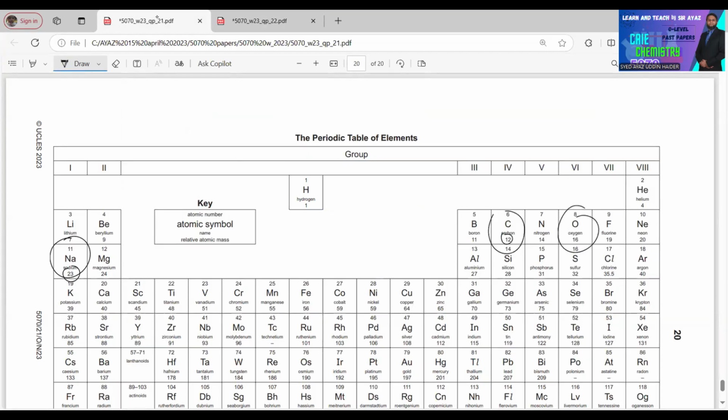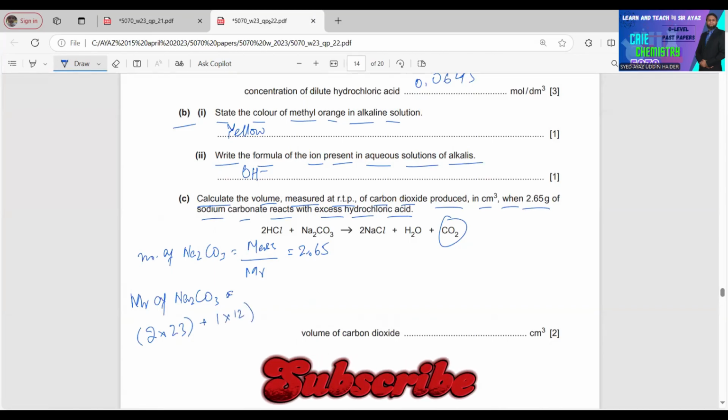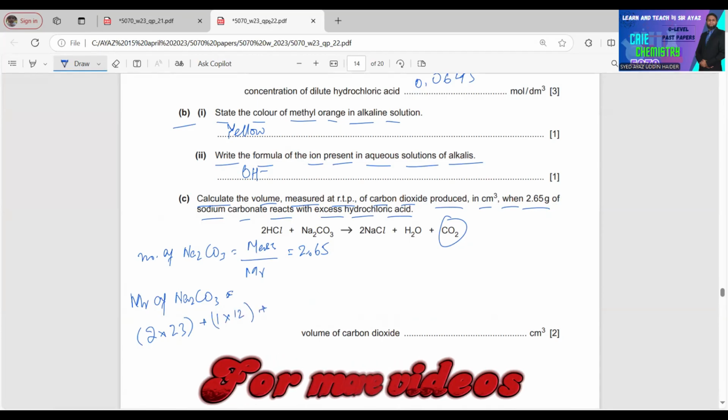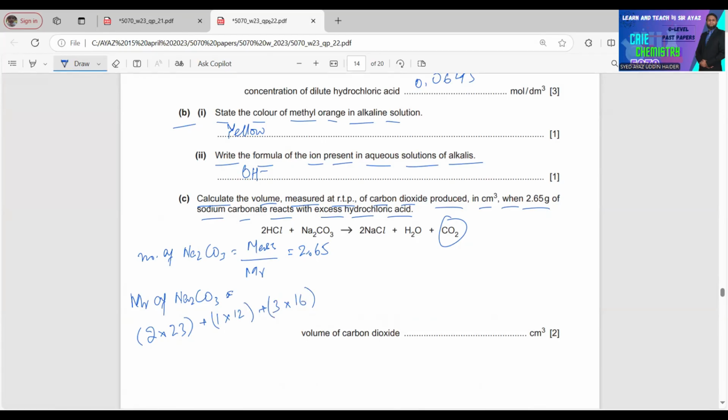Oxygen. Here is oxygen. Its Ar is 16. So 2 multiplied by 23 plus 1 atom of carbon. So I will multiply 1 by 12 plus we have 3 atoms of oxygen. So 3 multiplied by 16. So 2 multiplied by 23. What you will get? You will get 46.